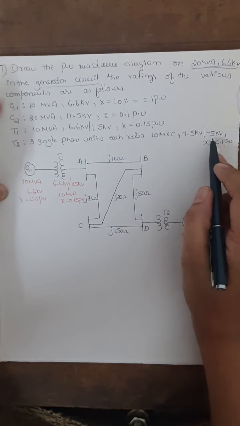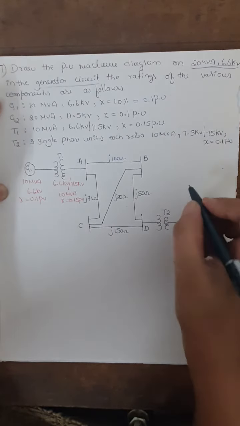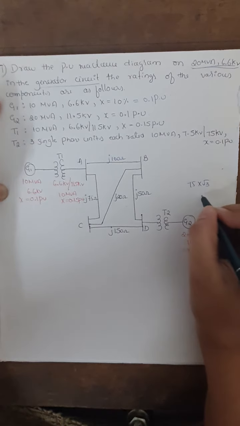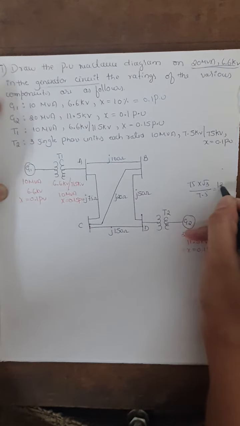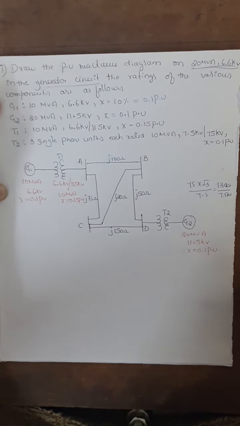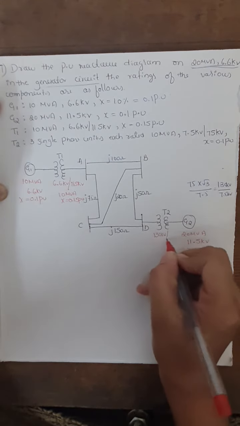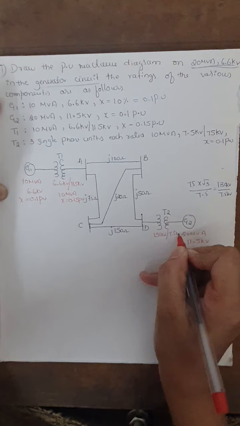After multiplying 75 with root 3, we'll get 130. So now we can write the rating of the T2 transformer as 130 kilovolt slash 7.5 kilovolt. So this is the rating of the transformer T2. The same I'll write here, 130 kilovolt slash 7.5 kilovolt.